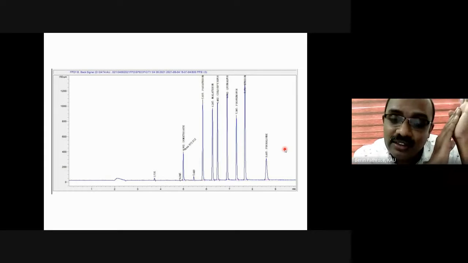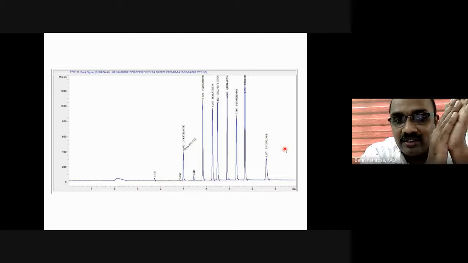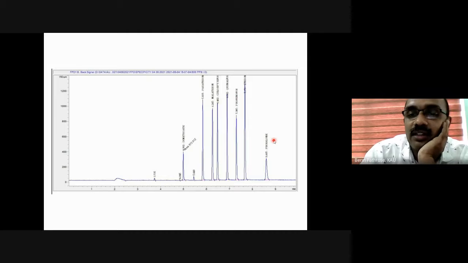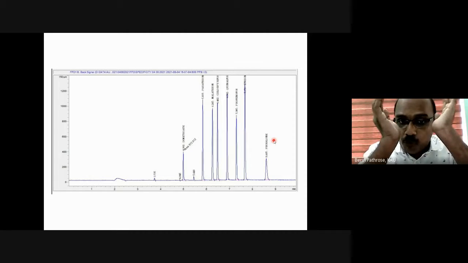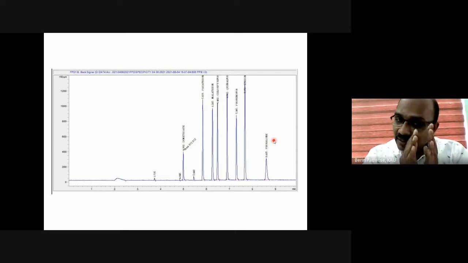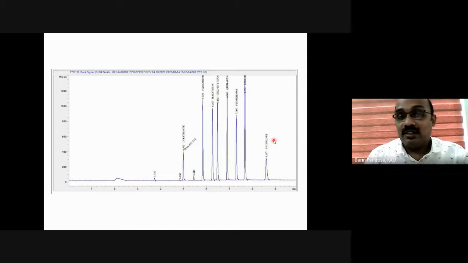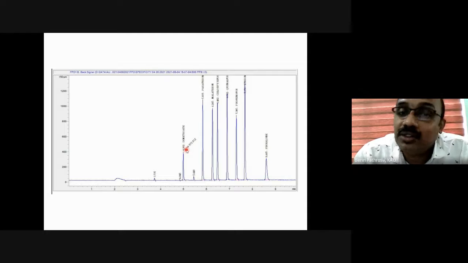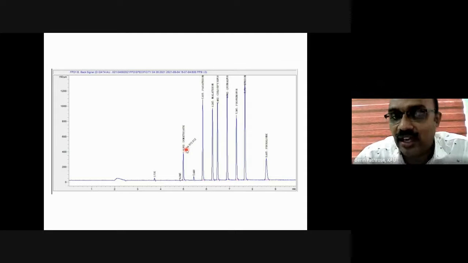If all the things remain constant, that means we got dimethoate, methyl parathion, malathion, all these at this particular time interval. Whatever the parameters at which we got this, if we maintain the same parameters and inject a sample, whatever peak we get at 4.99 minutes, we will say that it is that of dimethoate.